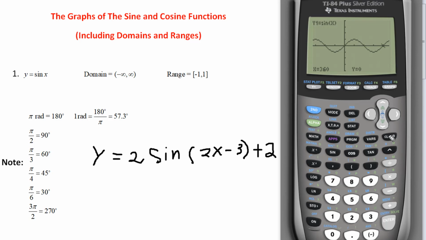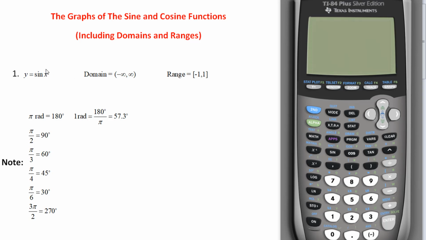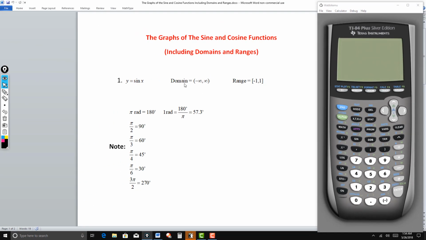So let's clear this. So that's why here again, the domain basically tells me what are the permissible replacements for x? Well, x can be any number if we're talking about radians, or x could be any angle, no problems. The range is going to stay between -1 and 1.